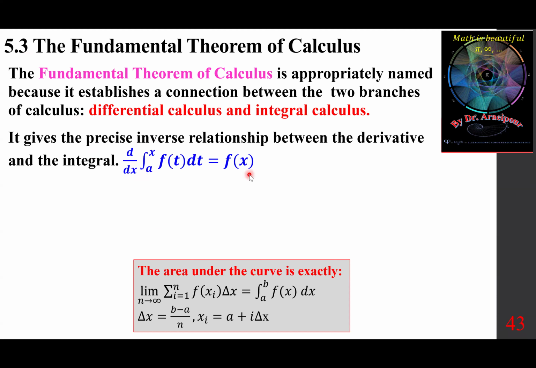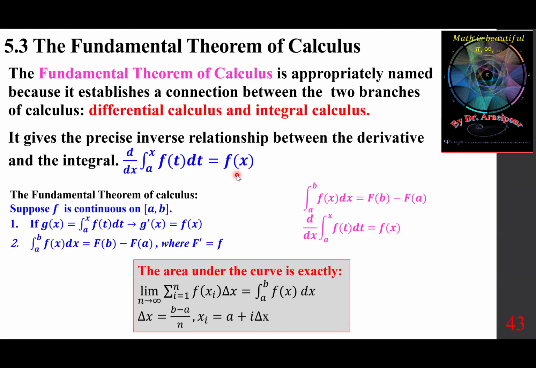This simply means if you take the integral of f of t dt, from some number a, any number, to the upper limit, the variable x, then you take the derivative of that, they will undo each other, and give us f of x back.